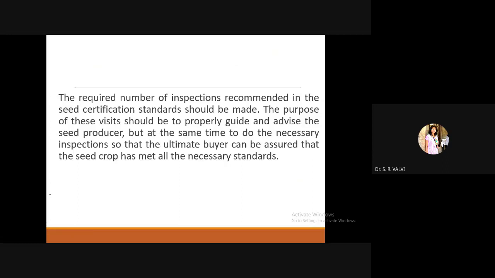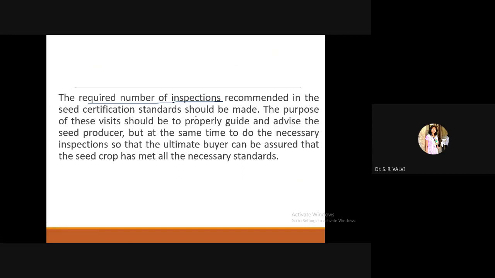Next, the required number of inspections recommended in the seed certification standard should be made. See here, the required number of inspections. Suppose you are a field inspector and you think, what will happen if I make only one inspection? That should not happen, because if the seed certification standard says you have to make 10 inspections, yes, compulsorily you have to make 10 inspections.